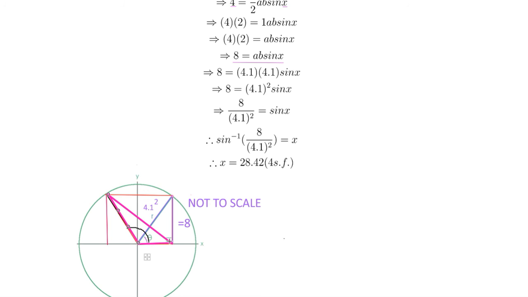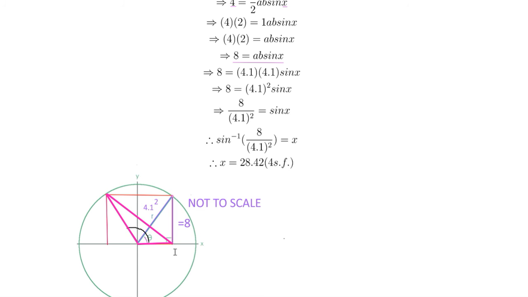This line here is not exactly the length it needs to be, but I'm just trying to illustrate to you that an angle that includes this black angle in here will represent the same relationship between sine, because this will be of length 22-ish or 4.1 squared, and this line down, which is its height, right? Remember that line there is still its height, and therefore is still its opposite.